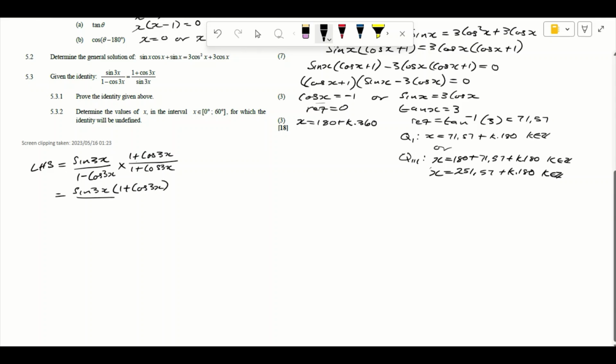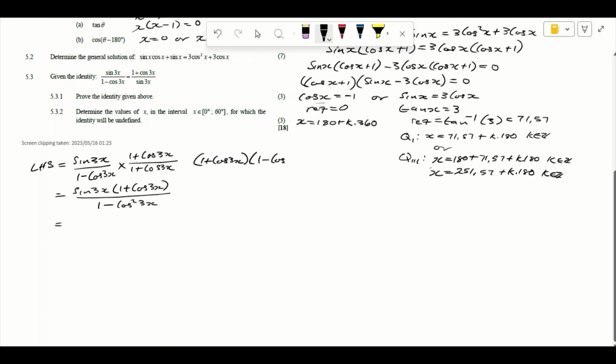multiplied by 1 plus cos 3x over. Now if I multiply these two, I'll be having a difference of two squares. So the denominator is going to be 1 minus cos squared 3x. If you want me to simplify that, let's just do it on the side. I'll have 1 plus cos 3x times 1 minus cos 3x.